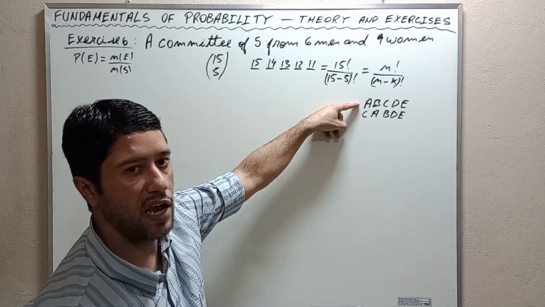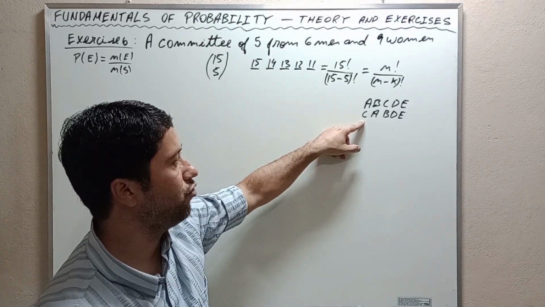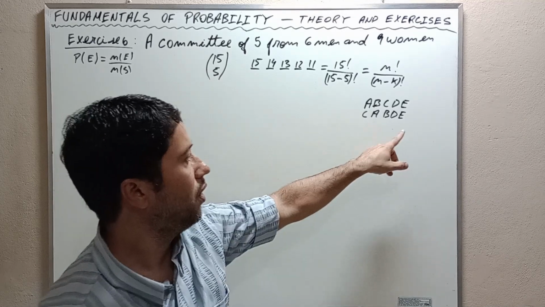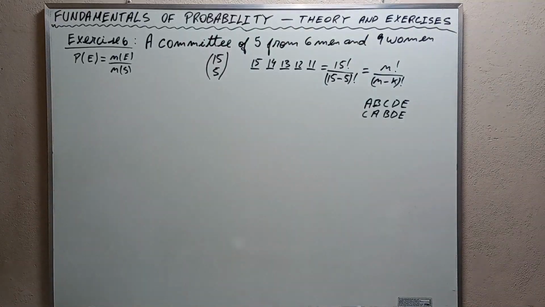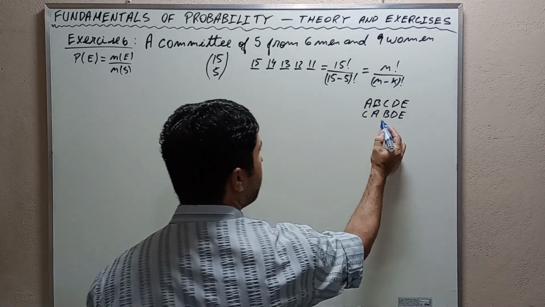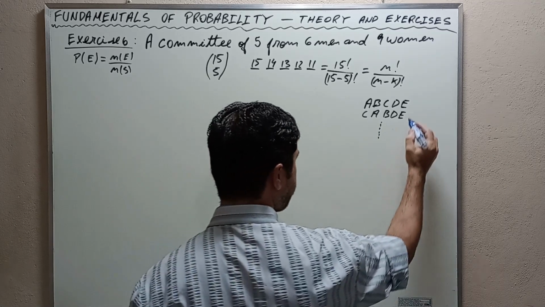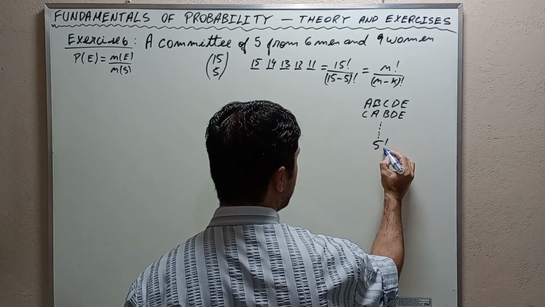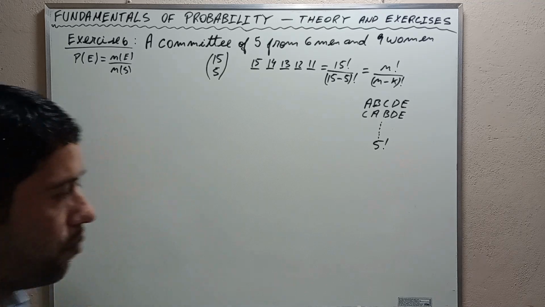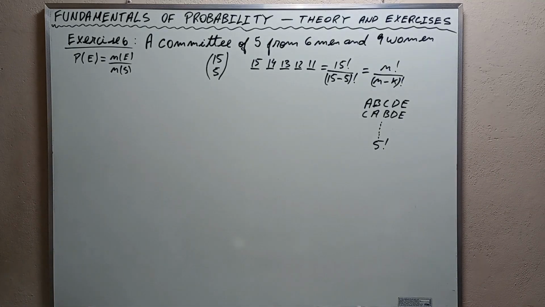Here we chose A first, but here we chose C first. And in this way, there will be 5 factorial committees composed of the same people.